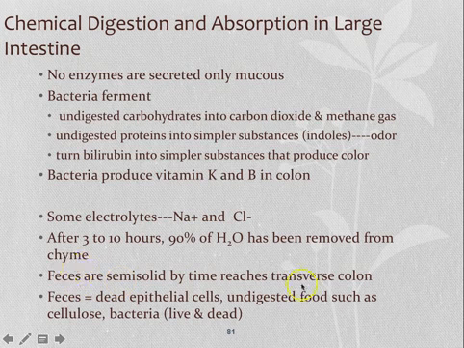So by the time you reach that transverse colon, that's the part where it's crossing over, feces are semi-solid, and if you were to dissect some feces, you would find lots of dead epithelial cells that have sloughed off from your digestive tract, some undigested food, again, lots of cellulose particularly, and then bacteria.